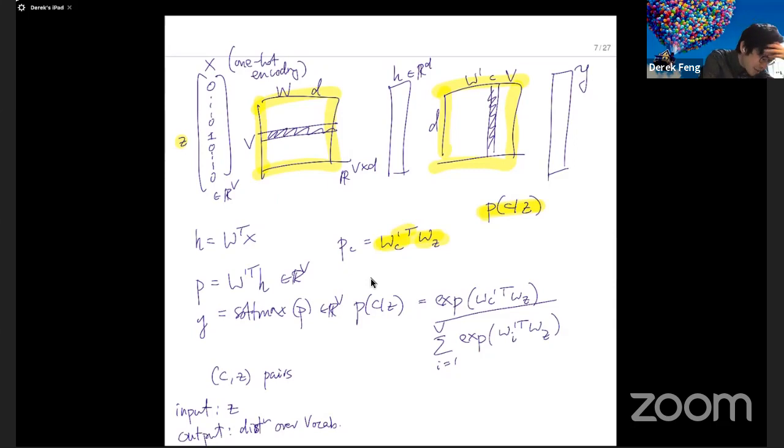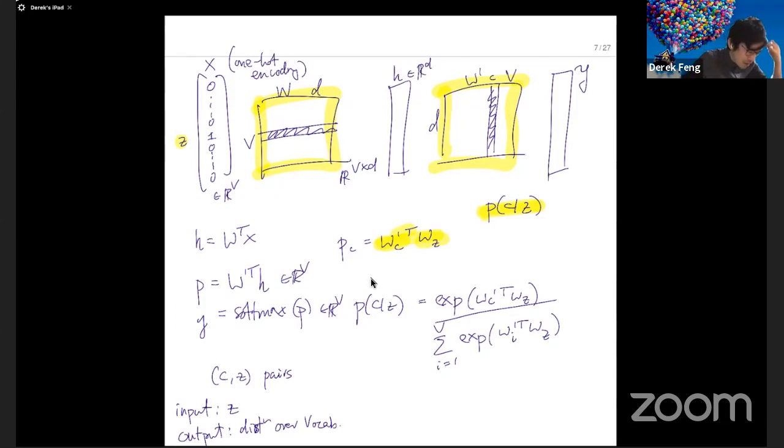So the X is the vector form of this Z, and the output is going to be a distribution over my vocabulary. The thing is, the data itself is obviously just going to be one point. How do I train this?